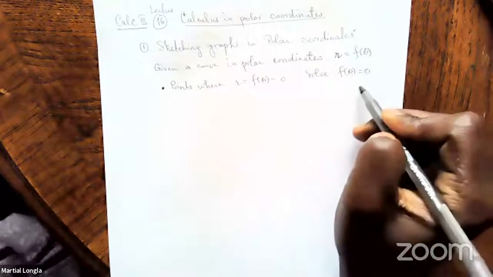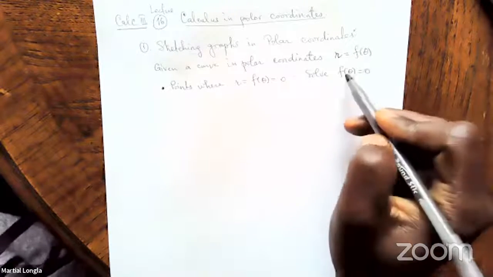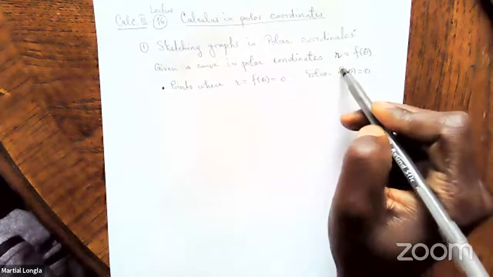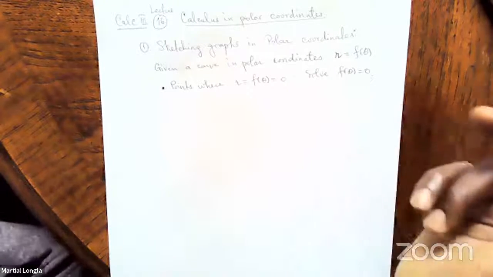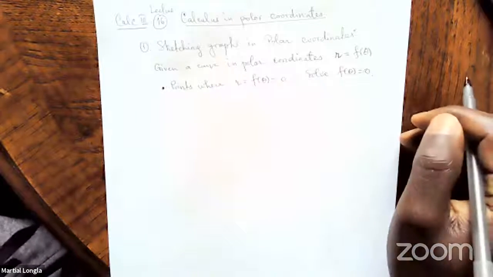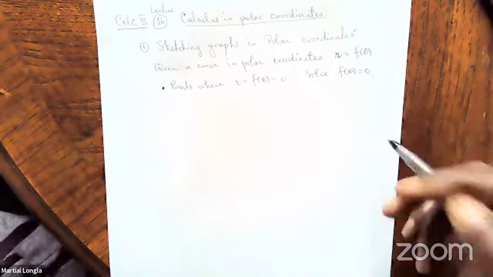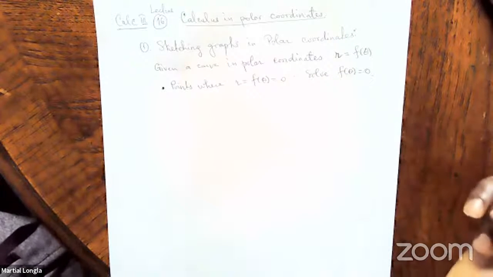Now, knowing the notions of calculus that we had before, you know that if you take the derivative of f of theta and set it equal to 0, what you're finding is the possible points where the radius reaches its maximum or a minimum, right?